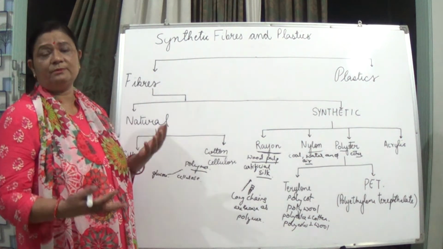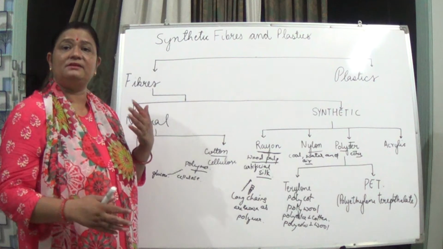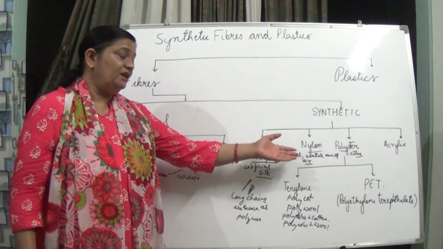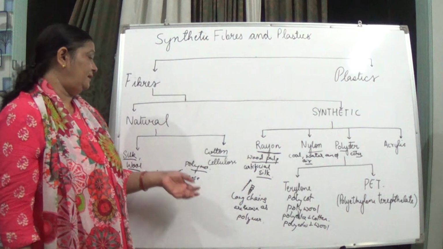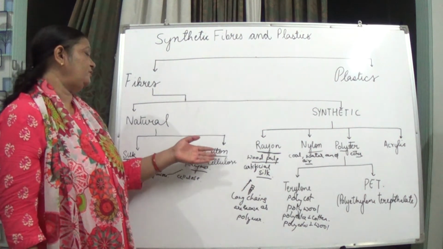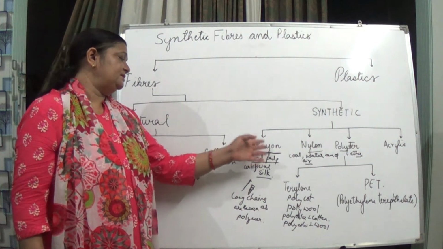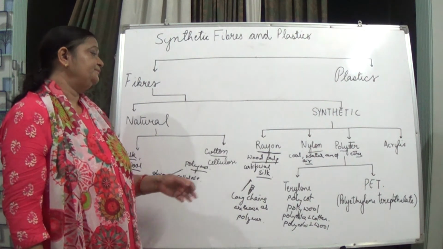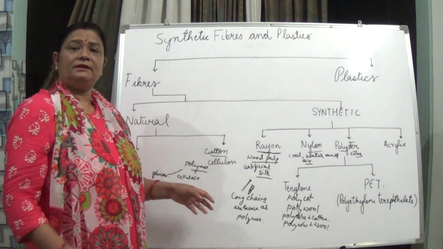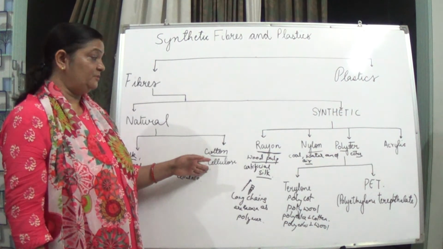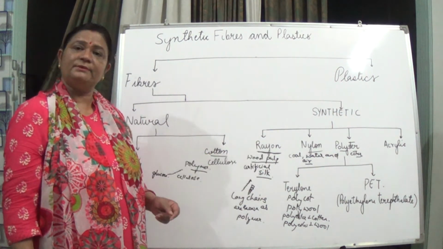If we talk about the positive points, yes, it is durable, it is cheap, it can dry fast. If you take any synthetic fiber and any natural fiber, suppose you have taken a natural fiber like cotton and a synthetic fiber like rayon or nylon, dip them in water and see how much water they absorb. The cotton will absorb more than the synthetic fibers.